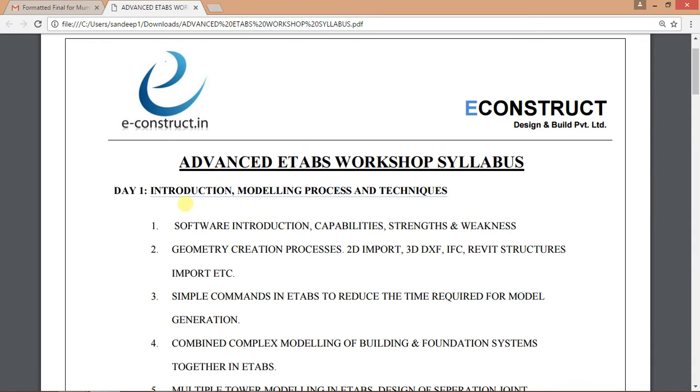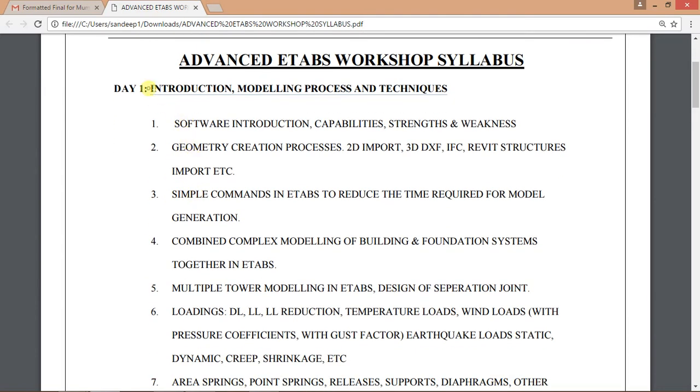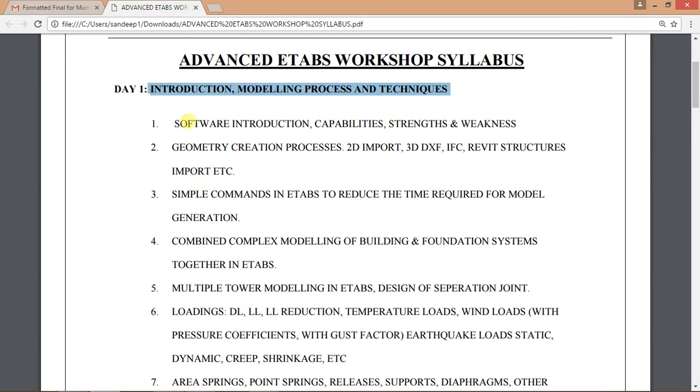Day one generally consists of introduction, modeling process and the techniques. These are the 11 topics that we generally cover during the first day of the advanced workshop.